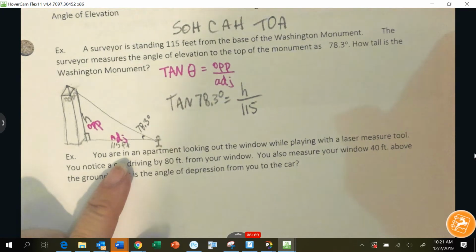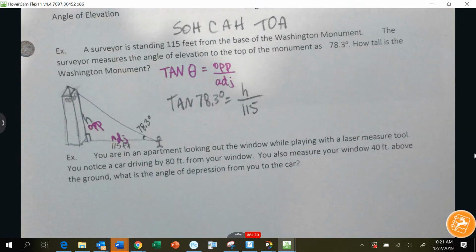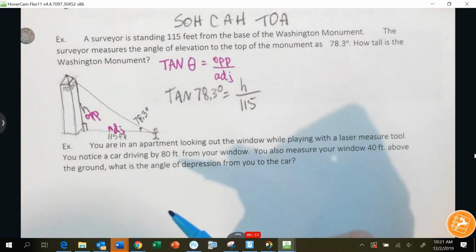You have to solve for h. Do you remember how to do that? Multiply what? 115 by what? Okay, so what Aliciana's saying is probably what I do as well, but I do one extra thing to help me when I have them set up a little bit harder.